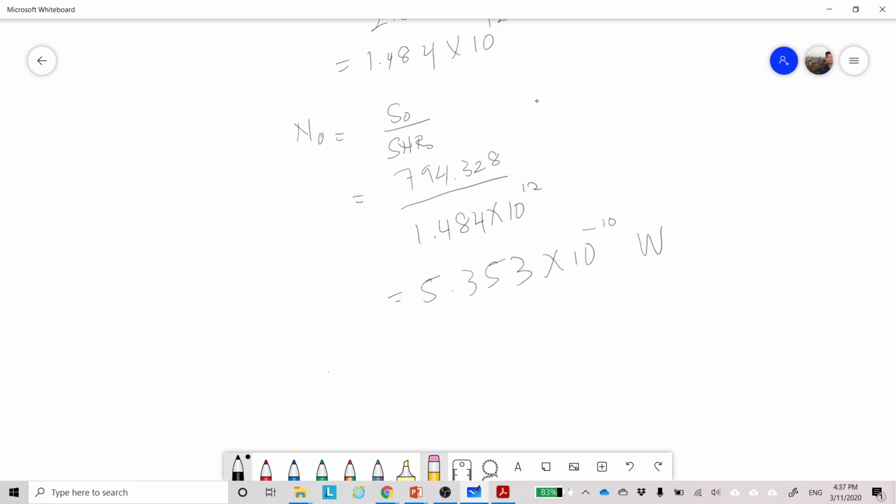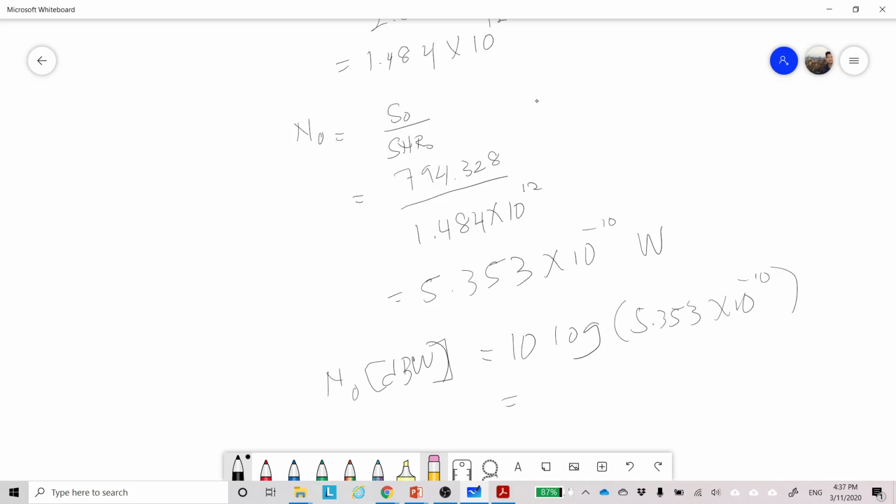So therefore NO dalam dBW bersamaan dengan 10 log 5.353 kali 10 kuasa negatif 10. Ini reference value dia 1, so saya tak tulis 1. Reference value nya adalah 1.